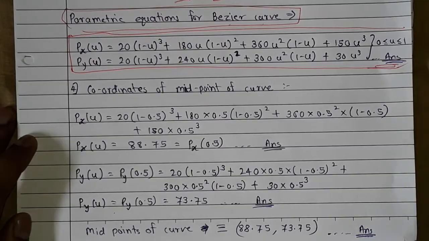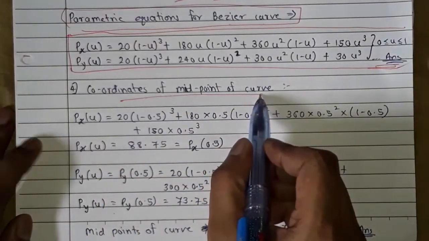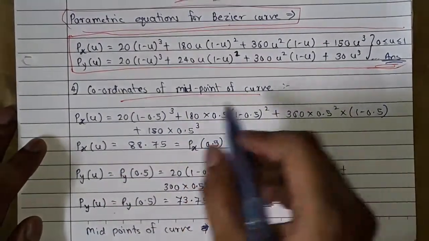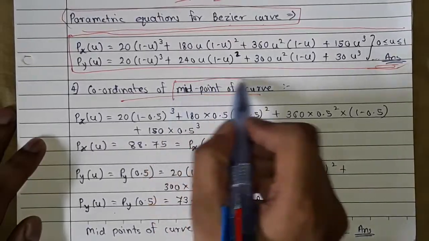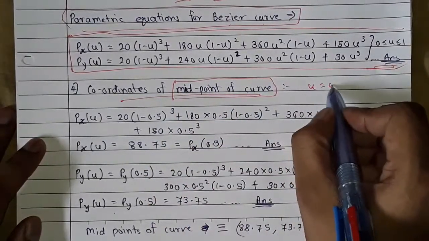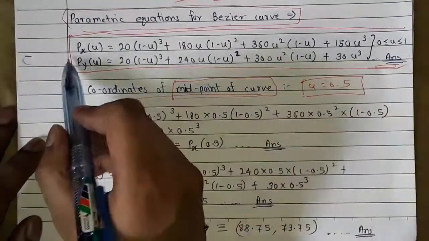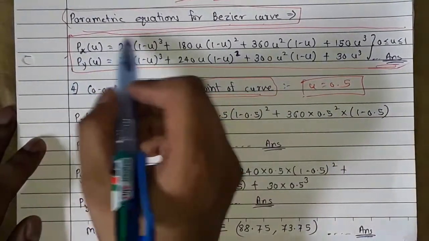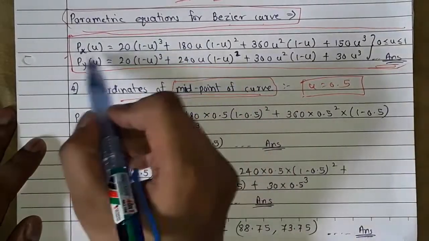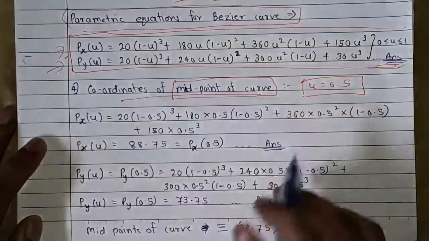Now friends, let's find the coordinates of the midpoint of the curve. Here friends, we have to find the coordinates of the midpoint of the curve. So here u is equal to 0.5. We will put u equal to 0.5 in our parametric equations for the Bezier curve.